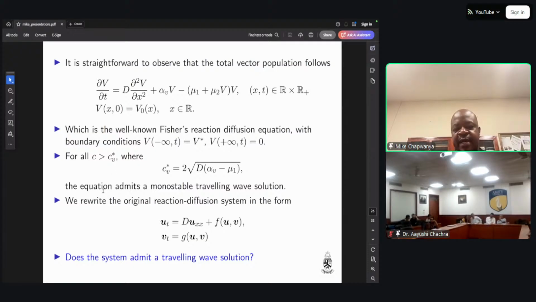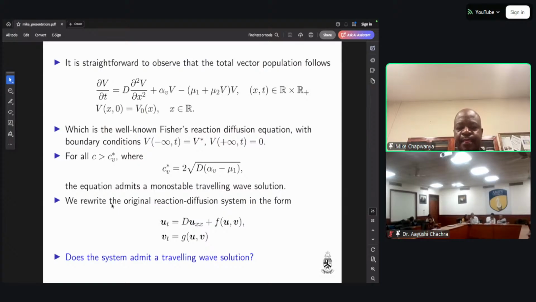Now, the question that we have in this case is, okay, the total vector population actually gives a traveling wave, and we can calculate the speed at which the total vector population travels. But this does not actually give us a picture of the speed at which the disease spreads, because we don't know how the infected vector spreads.